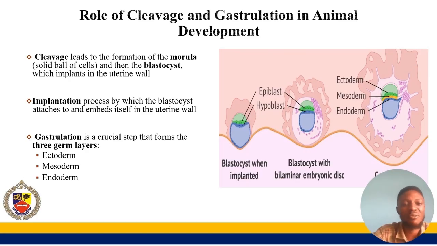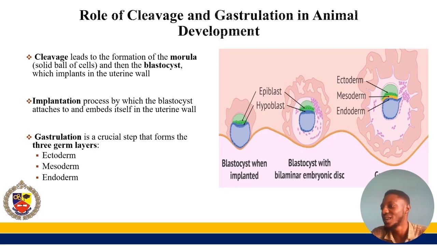This inner cell mass is what later becomes the embryo. Let's look at the role of cleavage and gastrulation in animal development. Cleavage leads to the formation of the morula, also known as the solid ball of cells, and then the blastocyst, which implants in the uterine wall. Cleavage is a series of rapid mitotic divisions of the zygote. Despite the number of cells increasing, the overall size of the structure, funny enough, doesn't change.